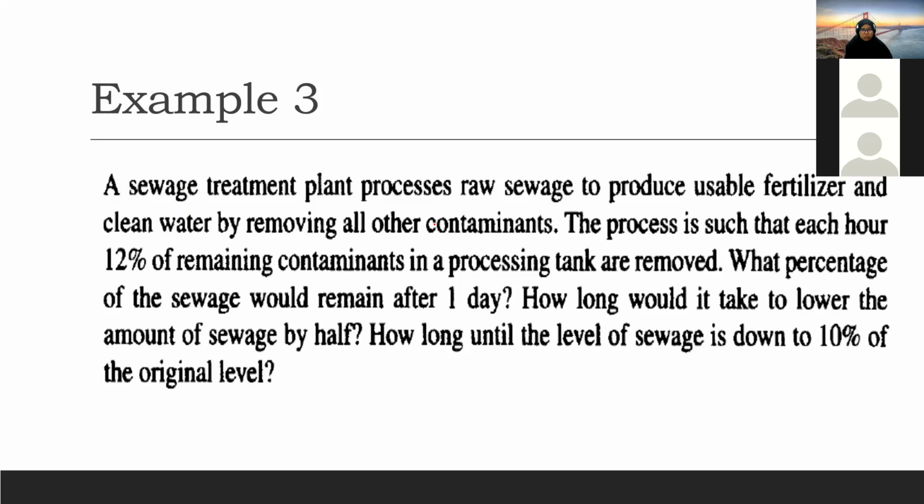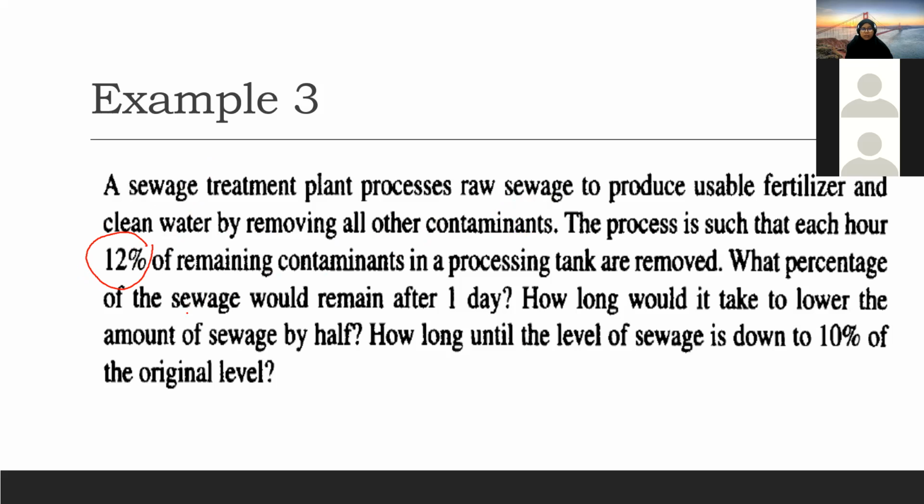So this is going to process removing the contaminant, and the process is that for each hour, 12% of the remaining contaminant in a processing tank is removed. So each hour, 12% of that is going to be removed. Every hour it is going to be removed.